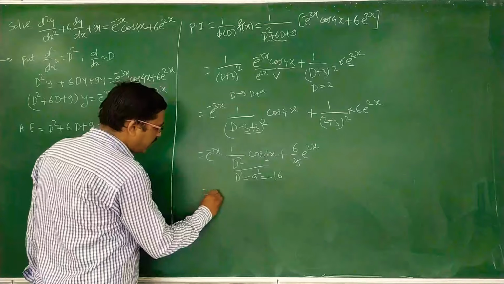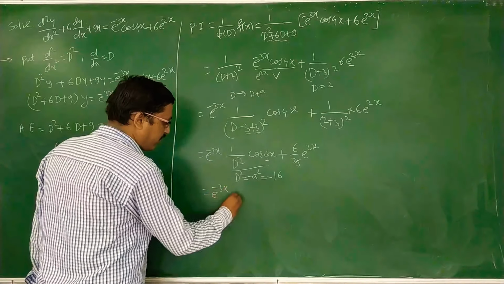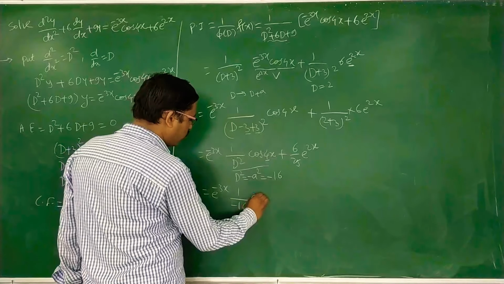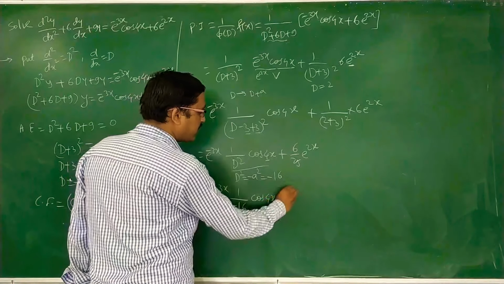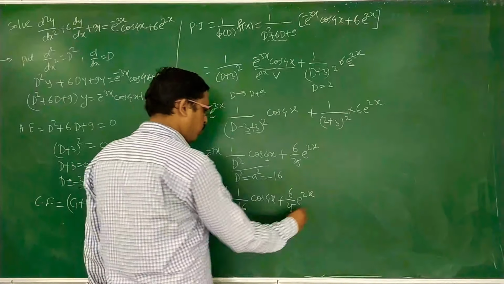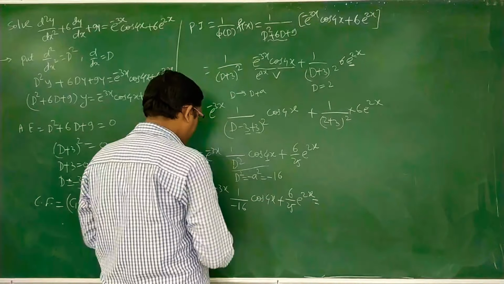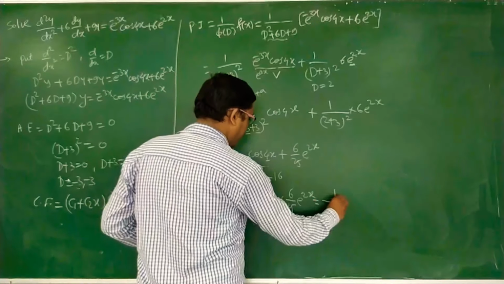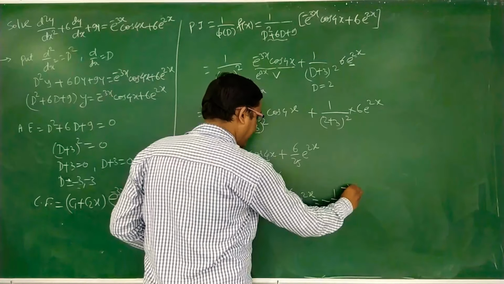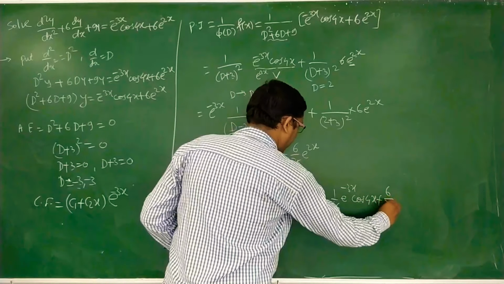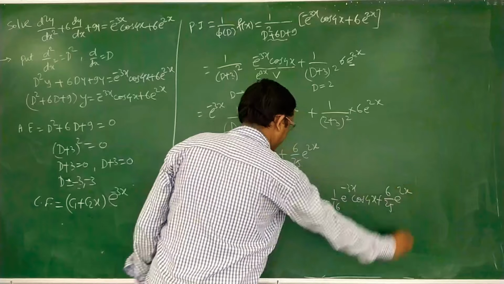So what will we get? e^(-3x) into 1 upon -16 into cos 4x plus 6 upon 25 e^(2x). So we get the final answer for the particular integral. Particular integral is equal to -1/16 e^(-3x) cos 4x + 6/25 e^(2x).